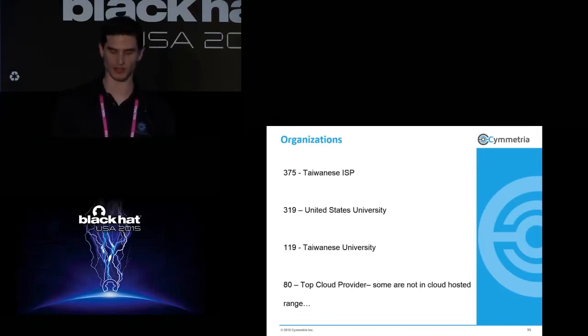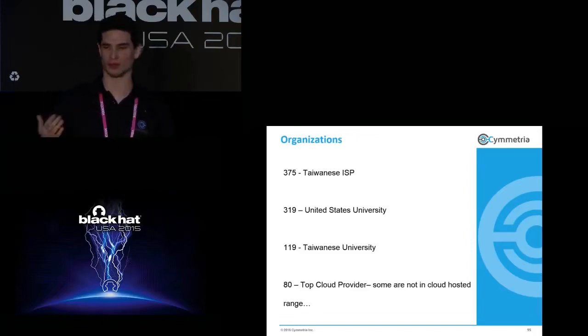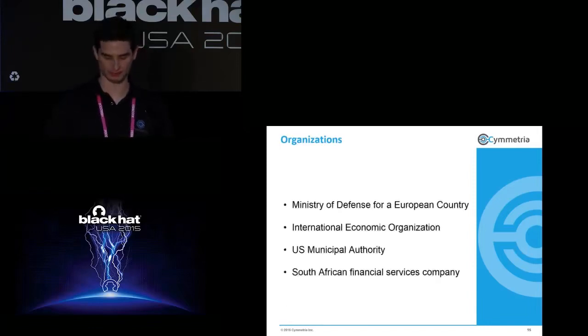One of the more interesting things we found is that in one of the top cloud providers, we found a lot of IPs, and then we went into the range that they publish to show which IPs are in the range of the cloud service. Some of those IPs weren't in the range of the cloud service, so it might have been the company's actual corporate network that was running these honeypots.